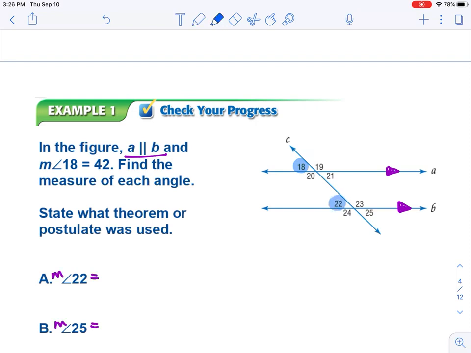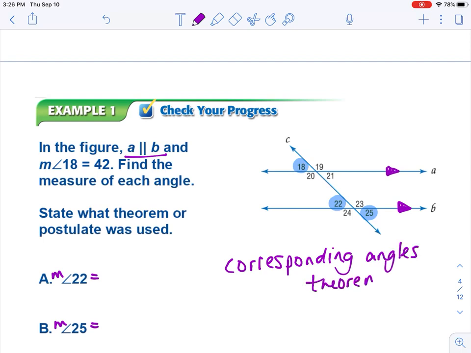So we need to find 22 and 25. It is very similar to the last one. 18 to 22 is once again corresponding angles theorem. So that is equal to 42.